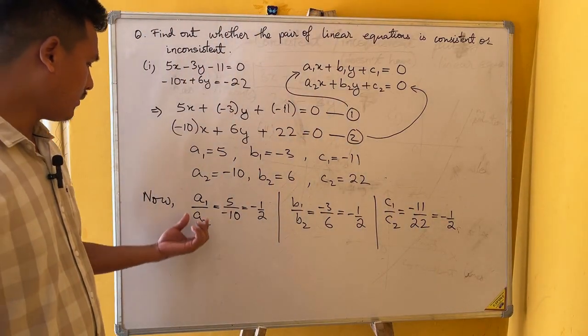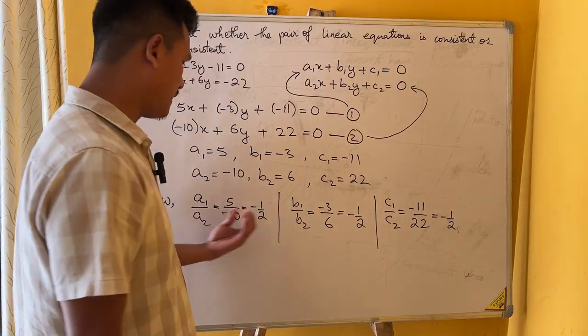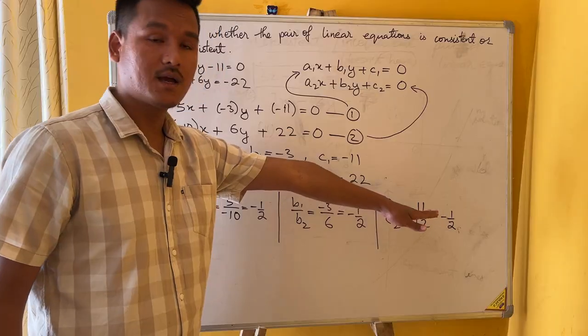As we can see, a1 upon a2, b1 upon b2 and c1 upon c2, all three ratios are equal to minus half.